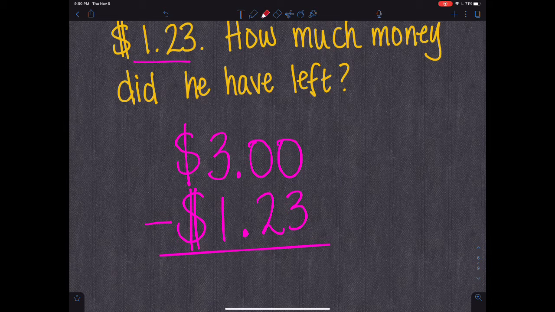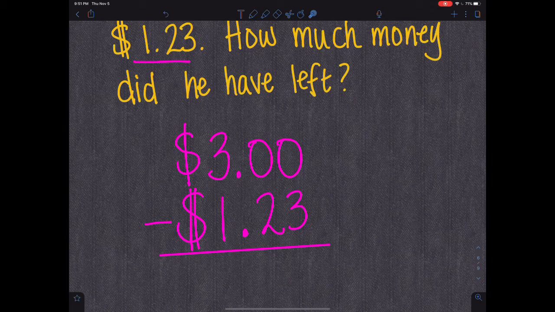The first thing I'm going to do is I noticed that I would do 0 minus 3. And I can't really subtract 0 minus 3 because that doesn't work. I have to borrow. But then I look over here and I don't have anything to borrow right here. So then what if I look at this 30 as a whole?